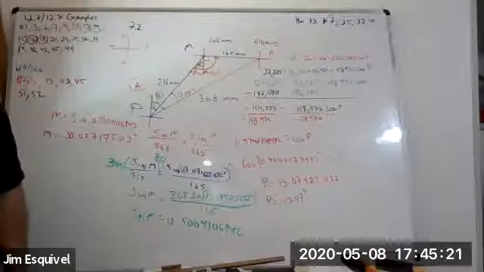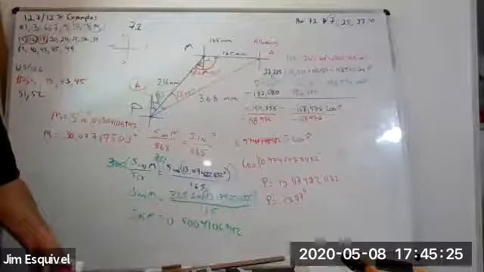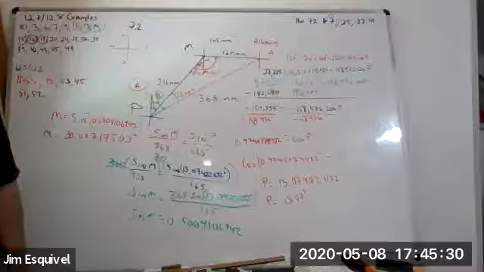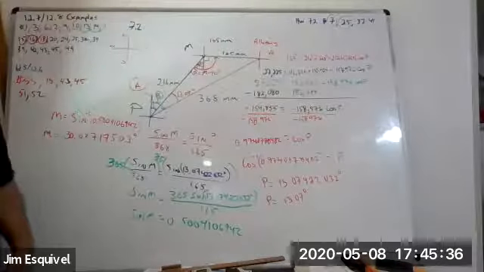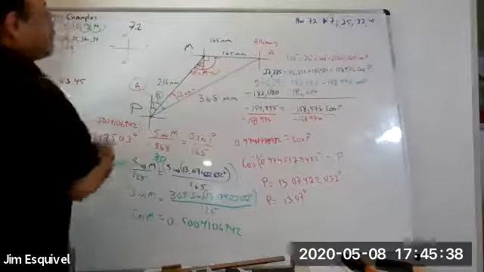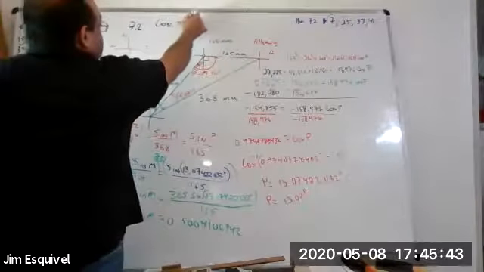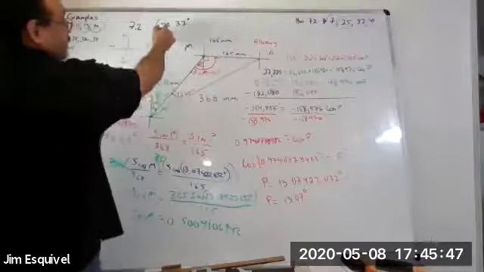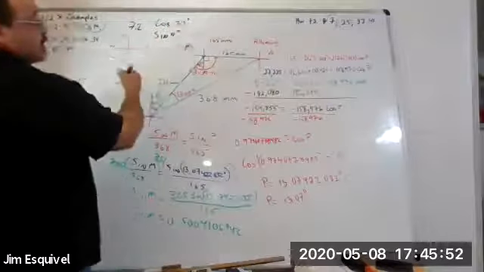When you look at how the problem is written, it will have to be given with an angle in degrees. If there's no unit on the angle, then that's radians. If the question said, what is the cosine of 37 degrees, obviously that's degrees. If it said, what is the sine of 4 degrees, that's degrees.